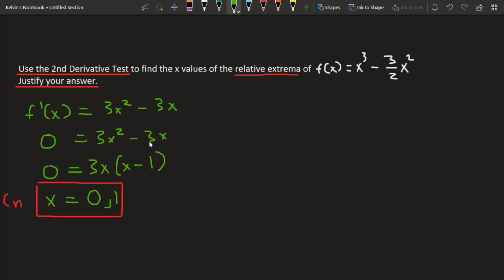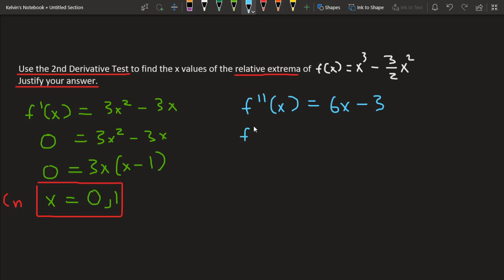So our second step now would be to find the second derivative. In order to find the second derivative, we take the derivative of the first derivative. So f double prime of x is equal to 6x minus 3. Now we have to plug in our critical numbers into our second derivative.